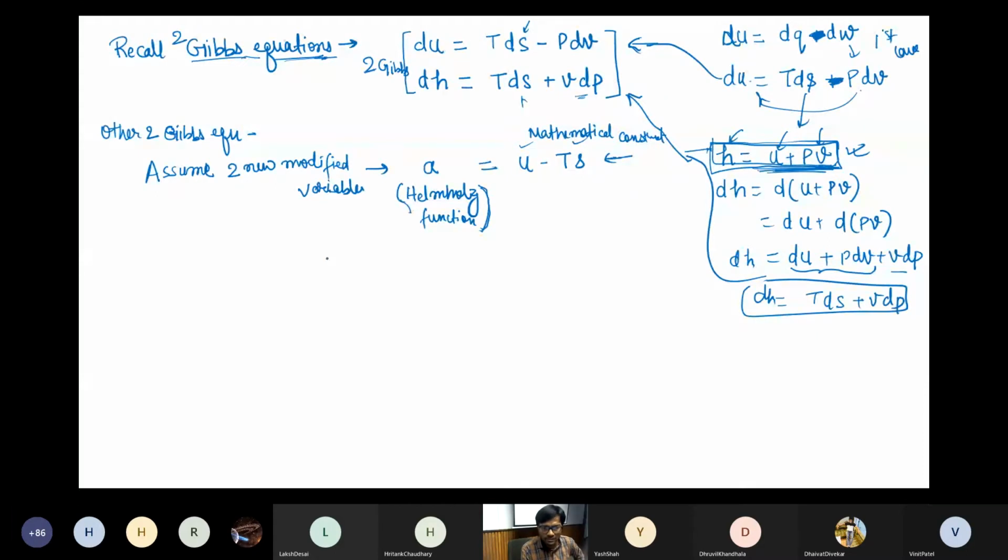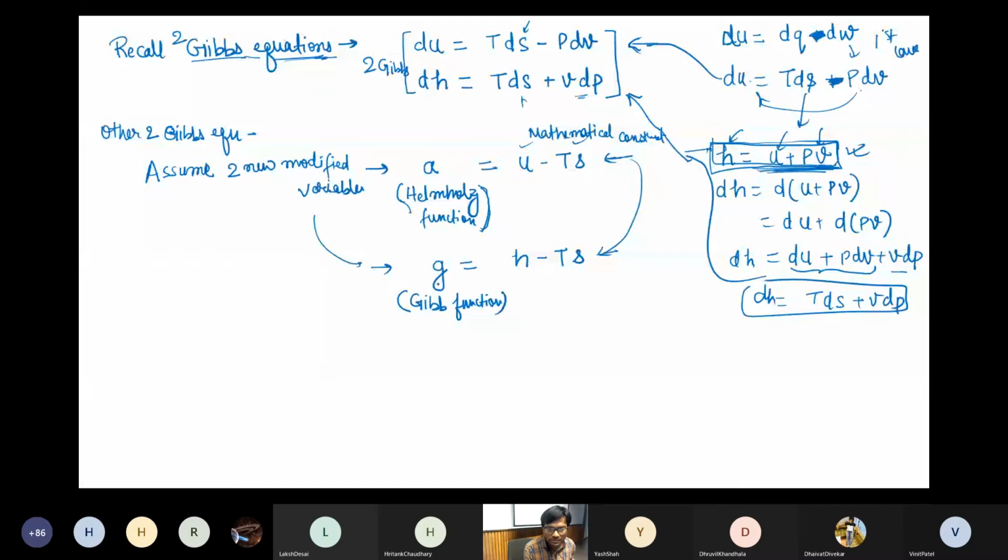Another modified variable I want to choose is G as H minus TS, and this is again a mathematical construct, nothing more in it. They call this function the Gibbs function.